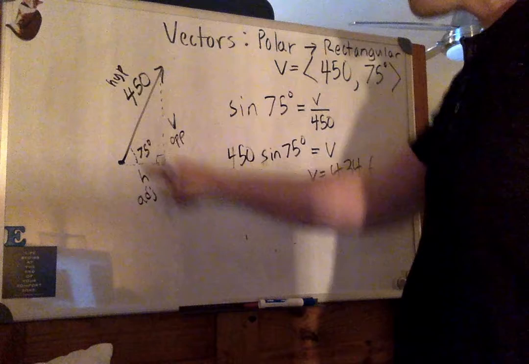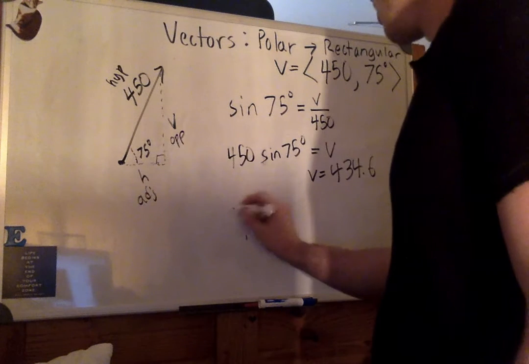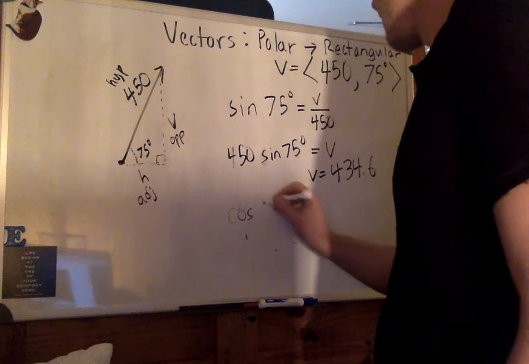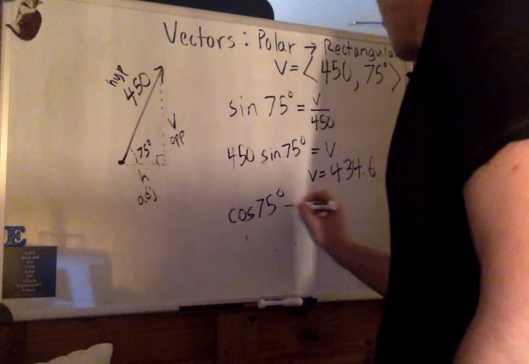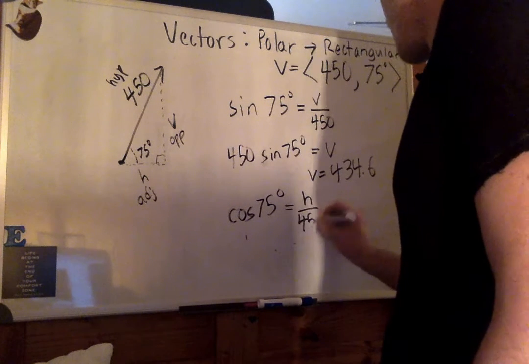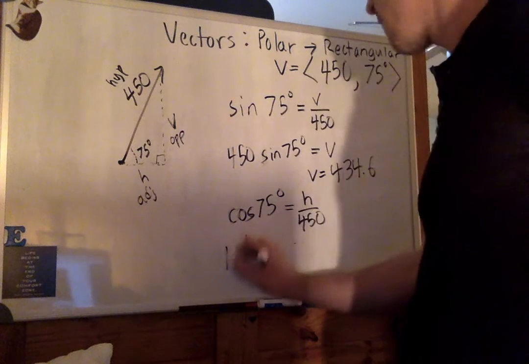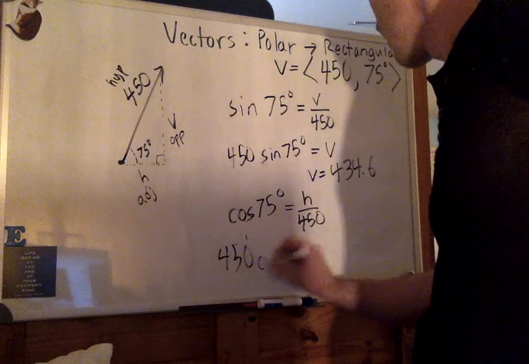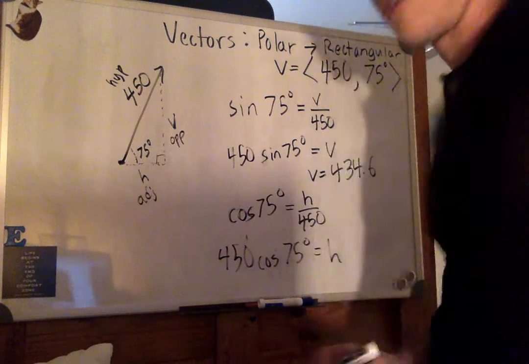We're going to do the same thing using a different ratio, adjacent and hypotenuse. So we could do the cosine of 75 degrees will equal the horizontal component over 450. So again, how you would solve this, same as before, take 450 times both sides, and I'll get the horizontal component alone.